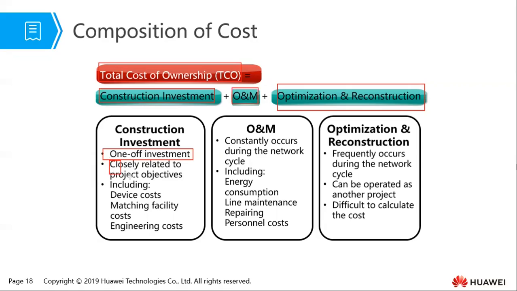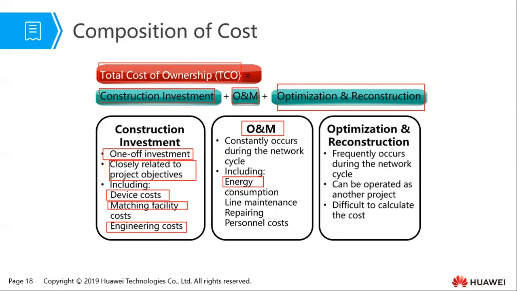So it is closely related to the project objectives. So it includes device costs, matching facility costs, and the engineering costs in terms of what you're paying the organization that is implementing that project.